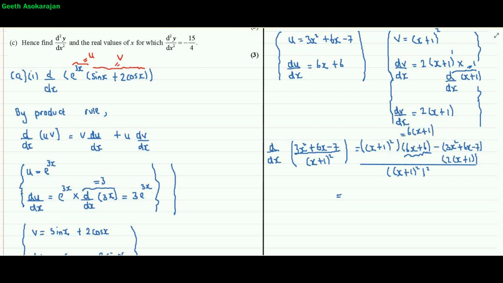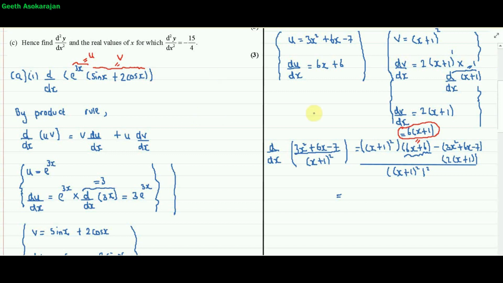So I factorize this, giving me 6 into x plus 1. As you can see, I've got an (x plus 1) squared and an x plus 1. That is going to give us (x plus 1) cubed for the first term. But I also have an x plus 1 as part of the second term. So I'm going to take a common factor of x plus 1.